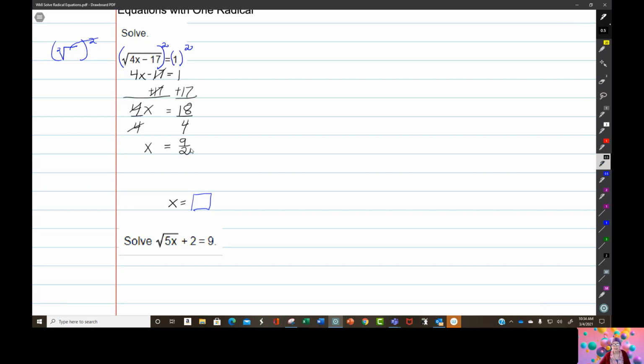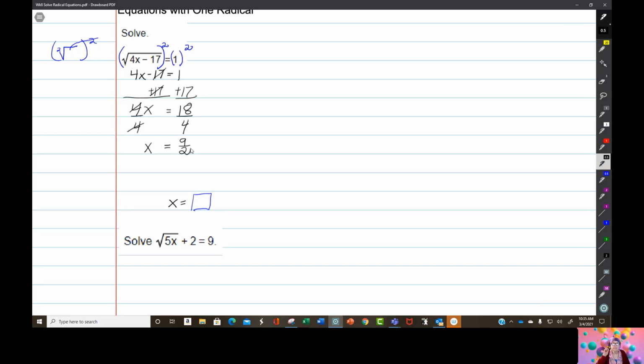Cool beans. The nasty thing about these kinds of equations is that you can do everything completely correctly, get the right answer, and the answer still won't work.